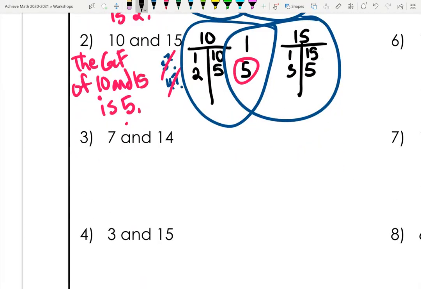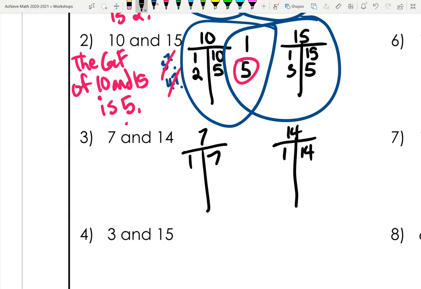So for 7 and 14, I automatically draw my t-charts, get this party going. 1 is the first factor of all numbers, and 7 and 14. Now between 1 and 7, there's 2, 3, 4, 5, and 6. And none of these work.